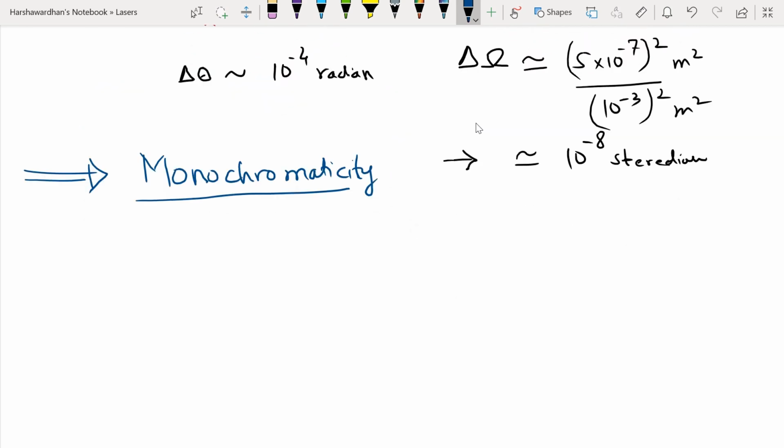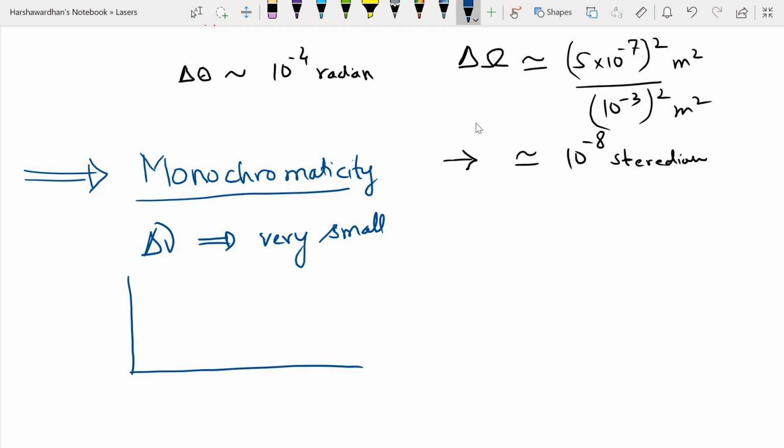The bandwidth that we associate with a laser, delta nu, is typically very, very small. What one sees is an extremely narrow band, a single pure color of light that comes out of a laser. If you look at a thermal source, I'm looking at power as a function of frequency, associated with a typical temperature.